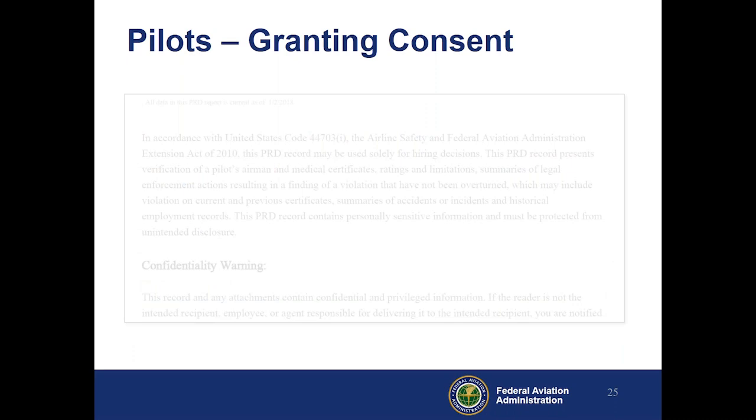It's a snapshot, right? It's a frozen snapshot in time. And so if that's the case, it's very easy to get an updated PAR from the potential employee. You just ask them to grant you a fresh consent, right?